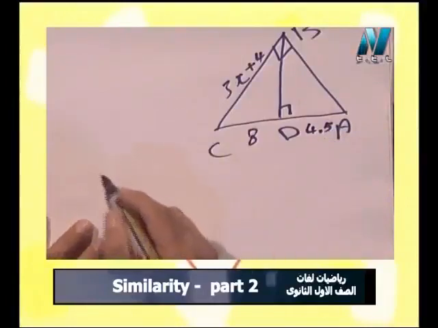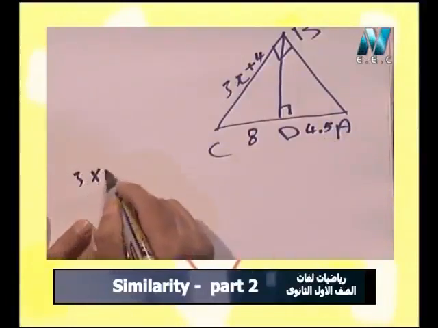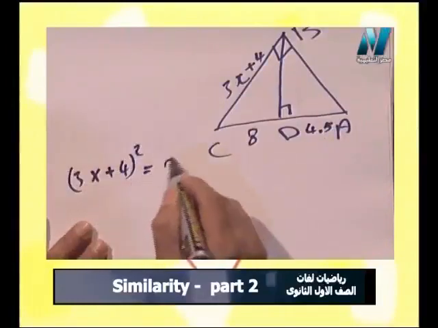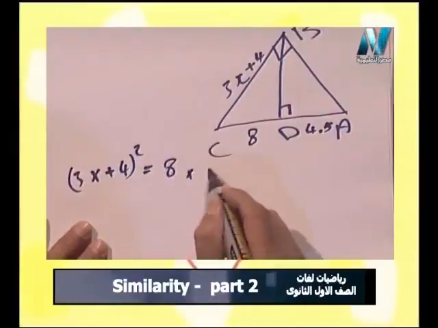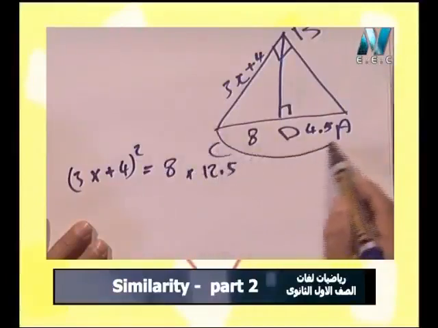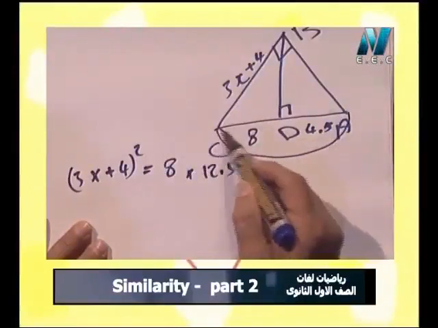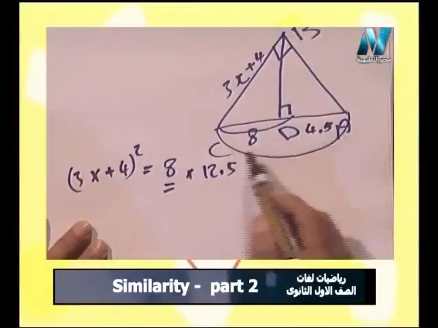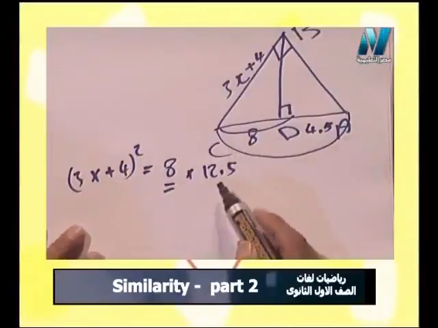So 3x plus 4 all power 2 equals 8 multiplied by 12.5, which is CA. CD equals 8, and 8 plus 4.5 equals 12.5.